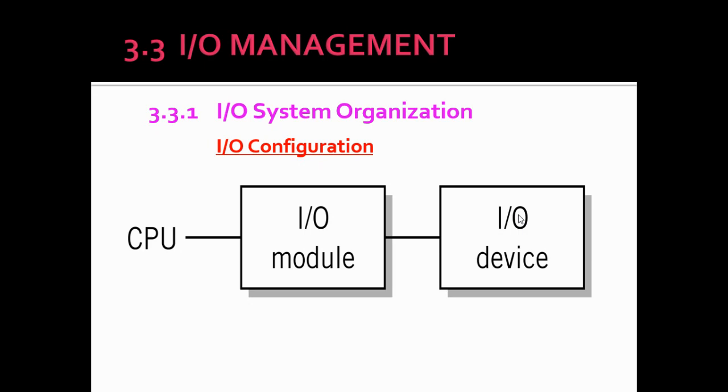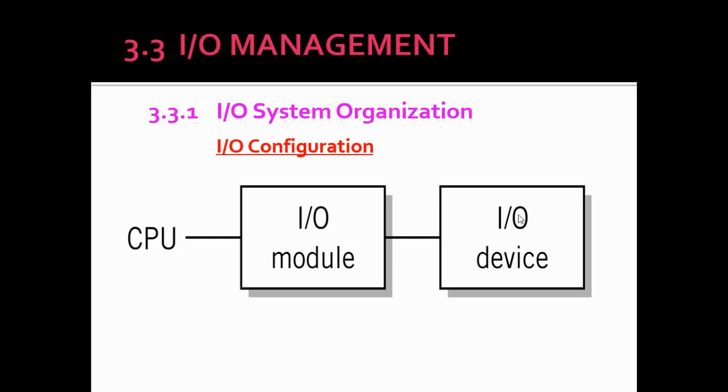However, it's different for the graphic card. The graphic card handles only the screen display and monitor display, so you will have one input output module for the graphic card. All of these input output devices are connected to the module, which is also connected to the CPU. The CPU will process this and then send it back to the input output module, and this module will then send it to the input output device.